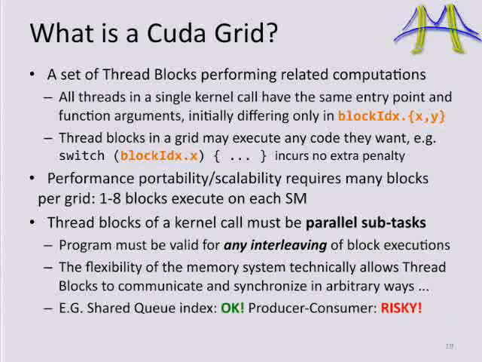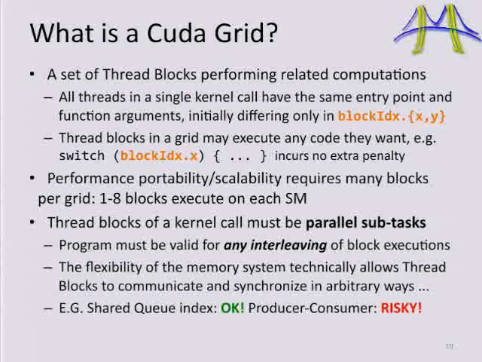So the thread blocks have to be parallel subtasks of one larger computation, that is the grid. The program must be valid for any interleaving of the block execution. So you can't really assume that all of your thread blocks will be resident simultaneously on the GPU. And if you have fewer cores than thread blocks, then they certainly won't be.